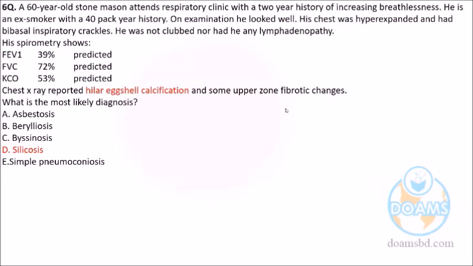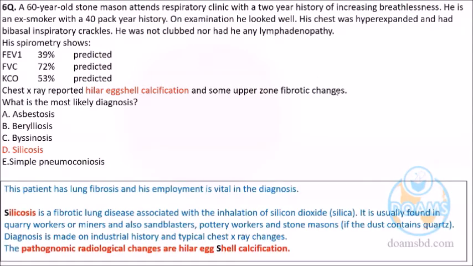Thank you, Dr. Reza. And just for you and for me as well to remember: silicosis, eggshell, S for S. Now clear? S for S. Again, silicosis, eggshell calcification. May be helpful for memorization.